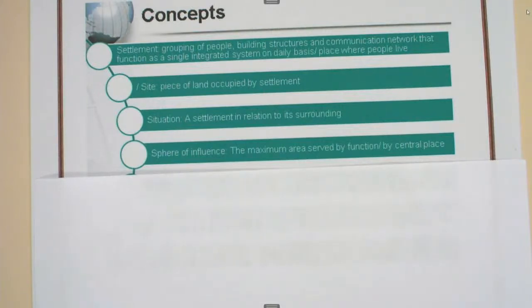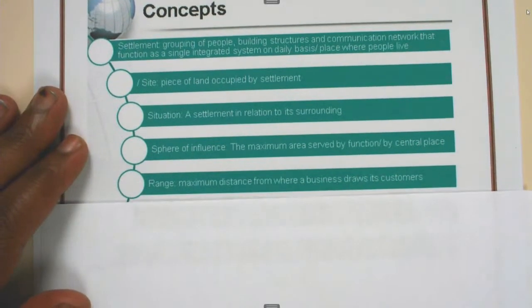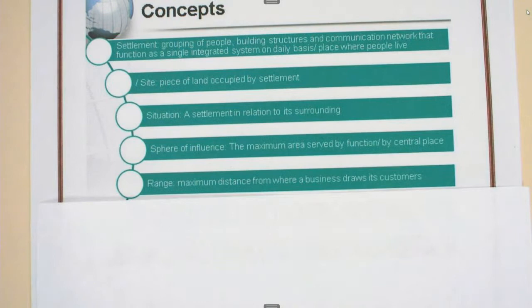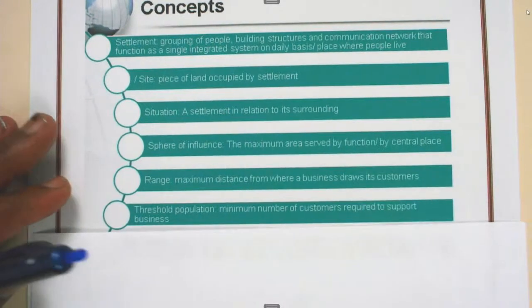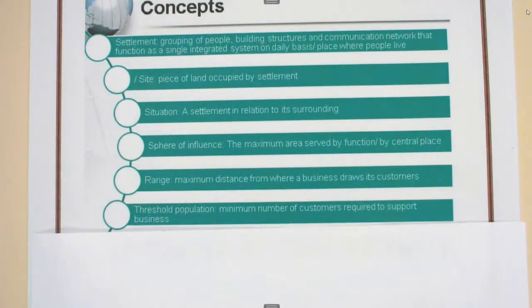That area which provides services to the surrounding rural areas is referred to as the sphere of influence. Range is the maximum distance from where a business draws its customers. Threshold population is the minimum number of customers required to support the business.